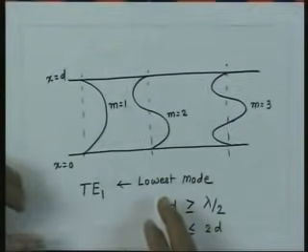And we also see that for a given mode number, or to have a particular mode pattern excited inside the structure, the frequency has to be above a certain value, what we call the cutoff frequency. So, depending upon which order of the mode you want to excite, you require a minimum frequency, and then and only then will that particular mode get excited.